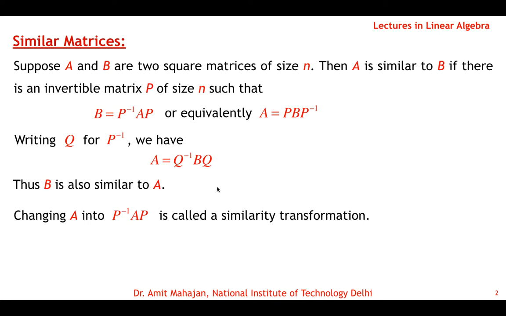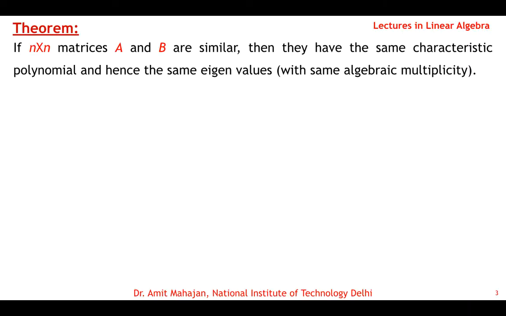Now if you have two similar matrices, then there is an important property that they hold, given by this theorem: if n cross n matrices A and B are similar, meaning A is similar to B or B is similar to A, then they have the same characteristic polynomial and hence the same eigenvalues with the same algebraic multiplicity.